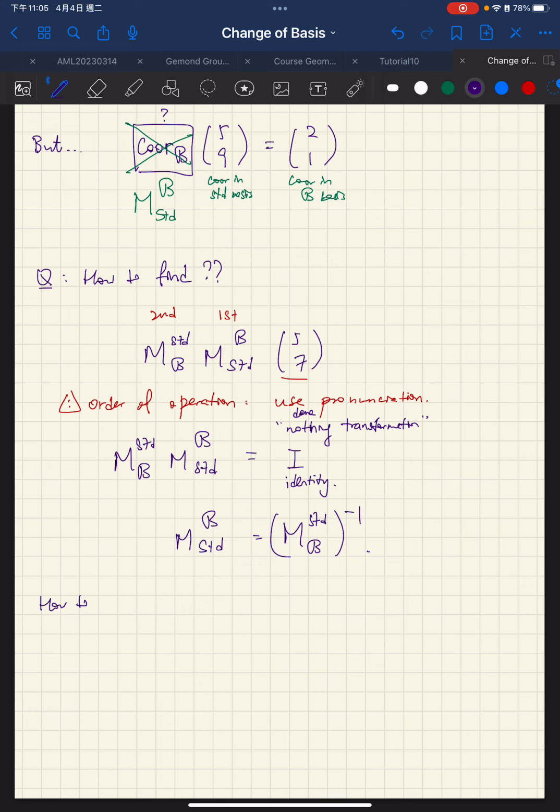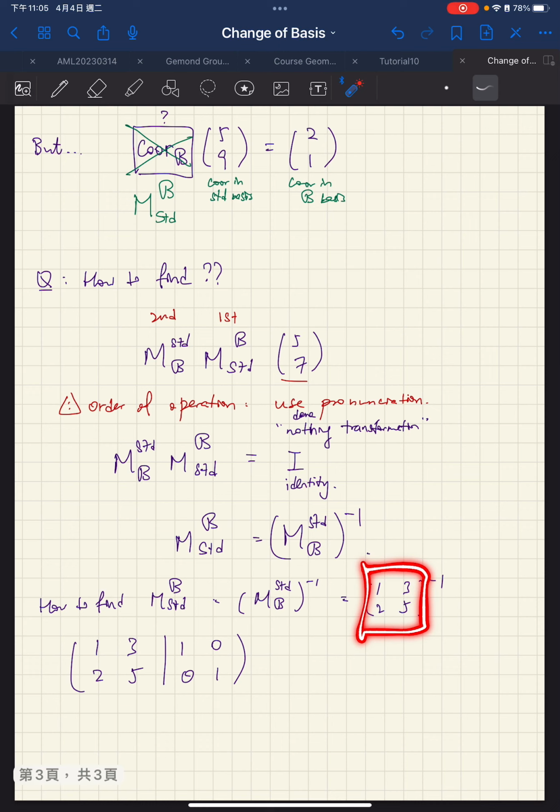How to find STTB? It's just an inverse of this, right? It's just the inverse of 1, 2, 3, 5. And to remind you, probably you haven't learned it, or if you learned it, the way to find the inverse is to do this. You put the matrix on the left, and you put I on the right, and then you do it until you get 1, 0, 0, 1. So it's a row operation.